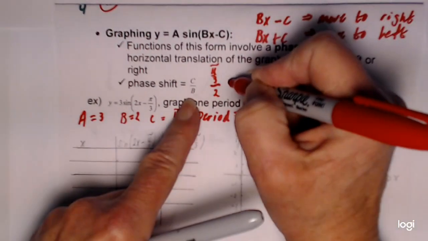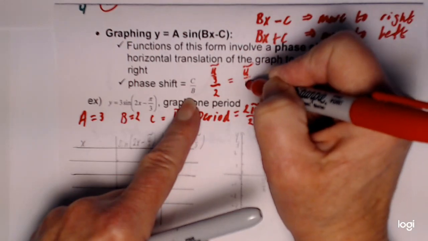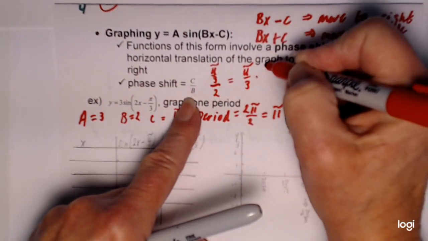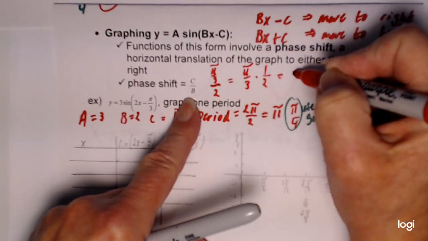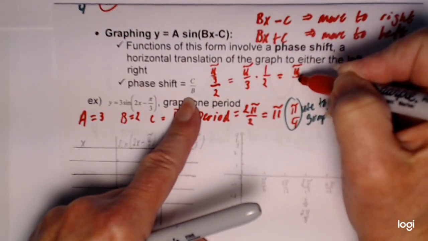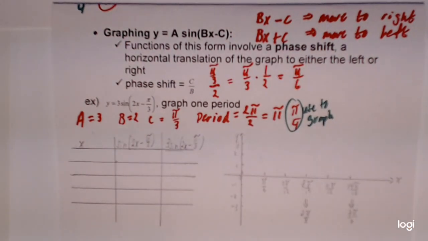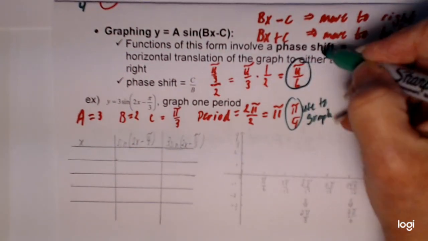So let's unpack this. We have pi over 3 divided by 2, which means multiply by the reciprocal, 1/2. So we have pi over 3 times 2, which is 6. So our phase shift here is going to be pi over 6.